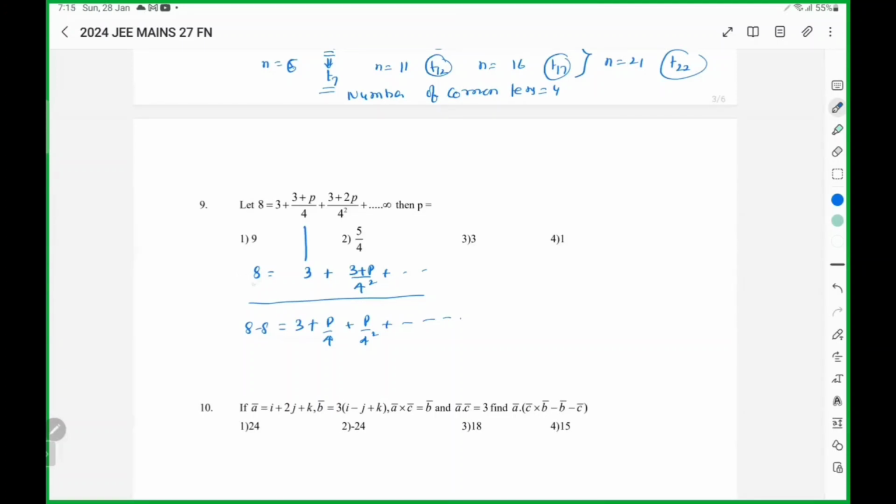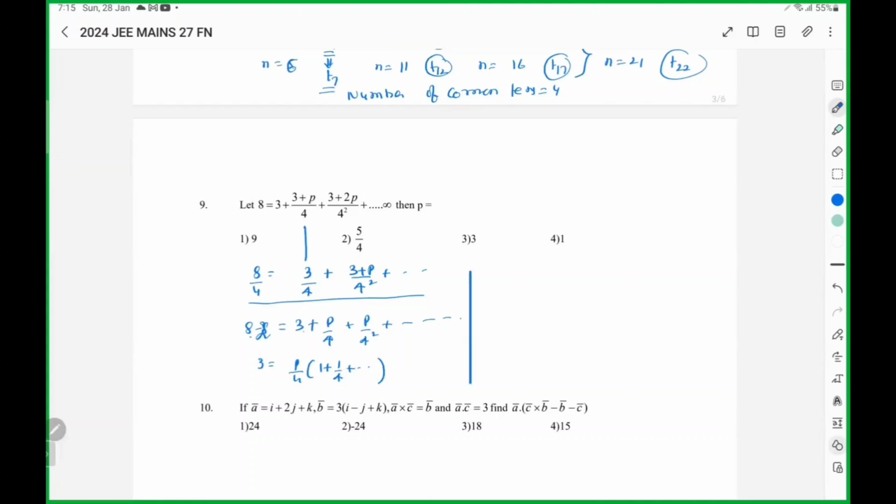So you multiply with 4 and then subtract 3 by 4. Again, here 3 plus p by 4 square, like that. Here it is 8 minus 2, which is 3 plus p by 4, so on. 6 minus 3 equal to p by 4, 1 plus 1 by 4, infinite geometric series.